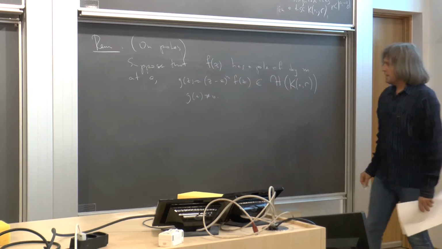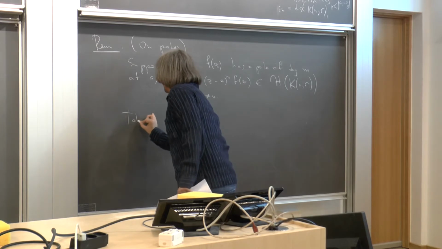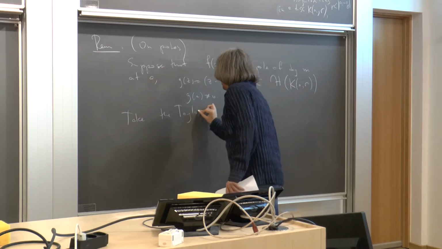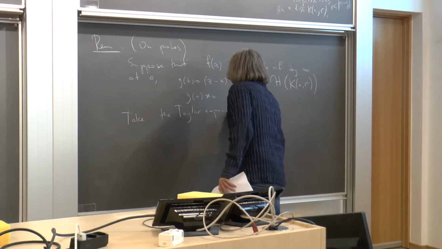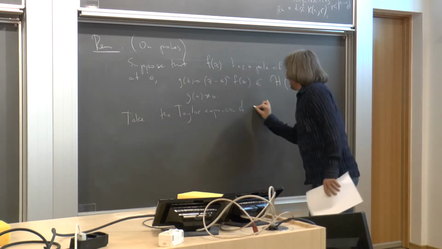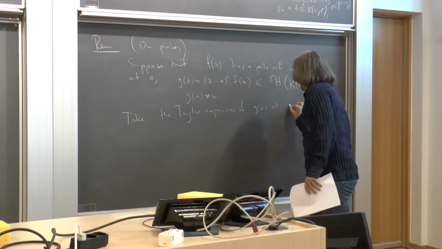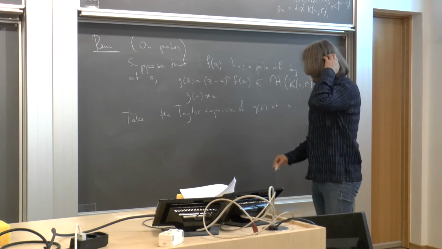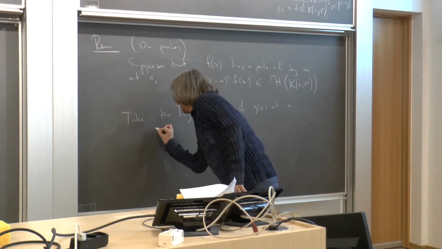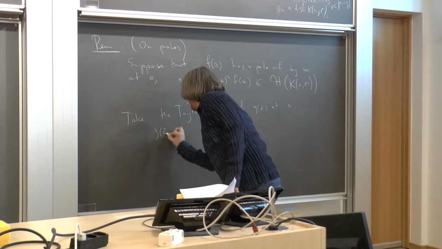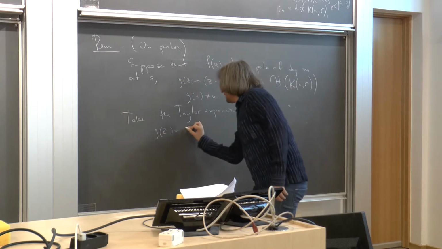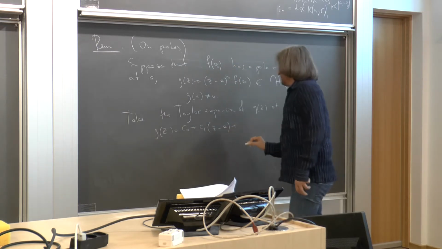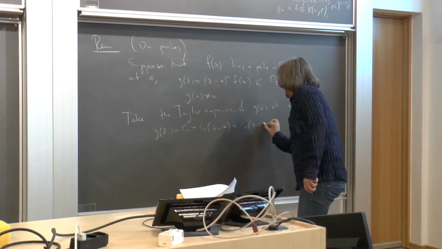So then we can take its expansion, take the Taylor expansion of g of z at A. So g of z becomes, let's say, C0 plus C1 (z minus A) plus C2 (z minus A) squared.